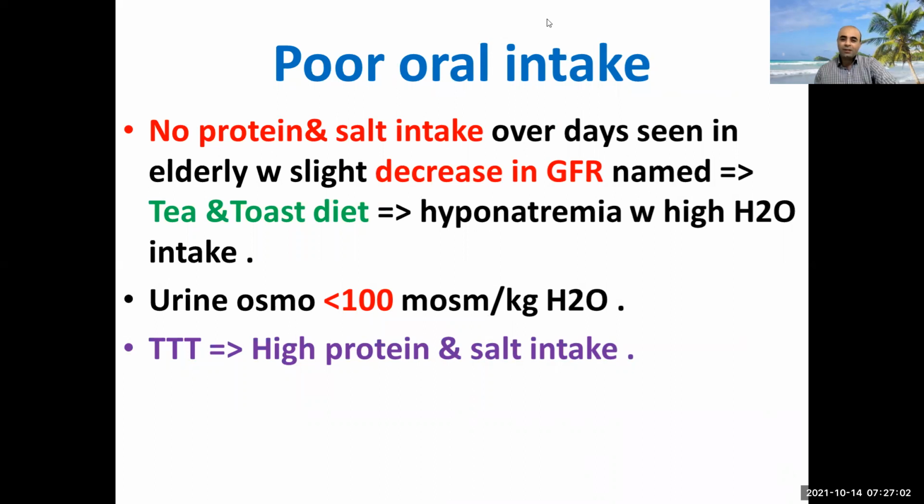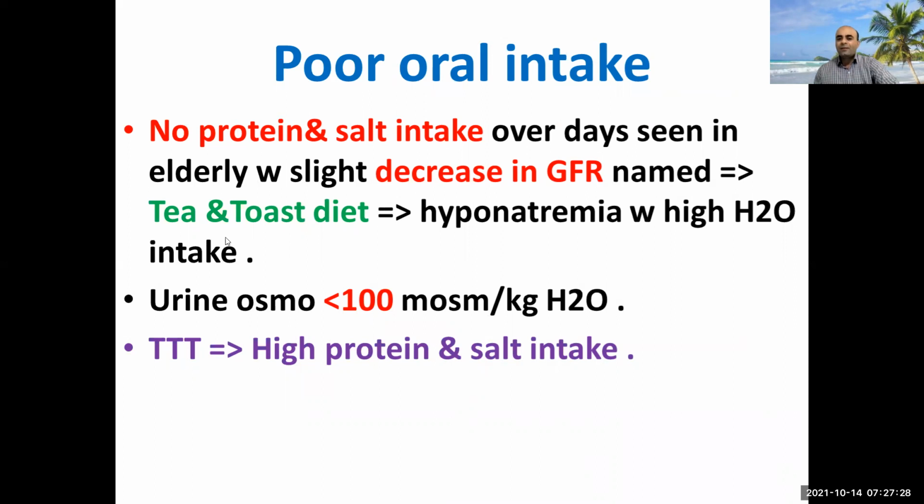You will see this patient in geriatric or rehabilitation settings: an elderly patient, already neglected, not taking good care at home, with no protein and no salt intake over a long time. Most elderly patients with this syndrome have a slight decrease in GFR.